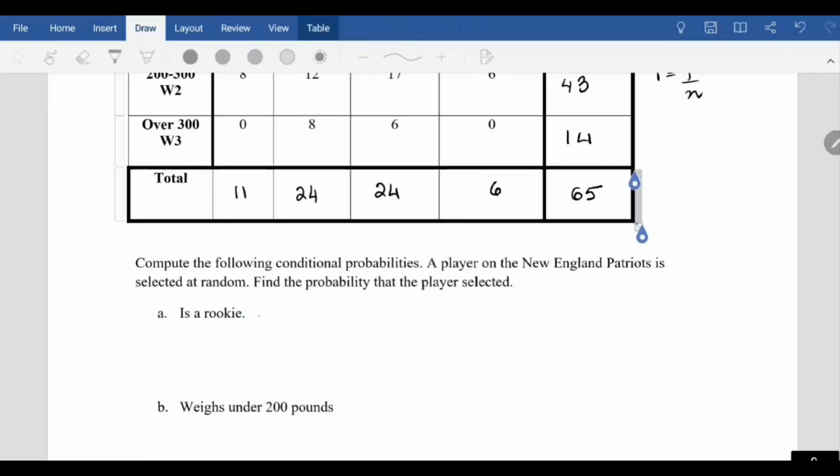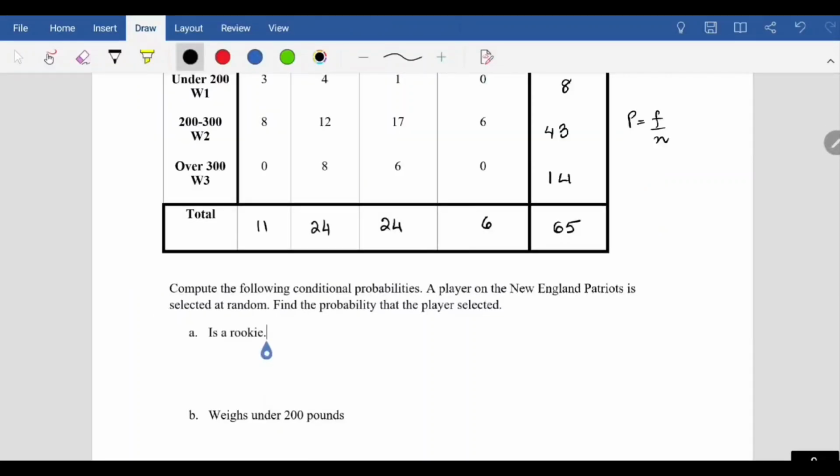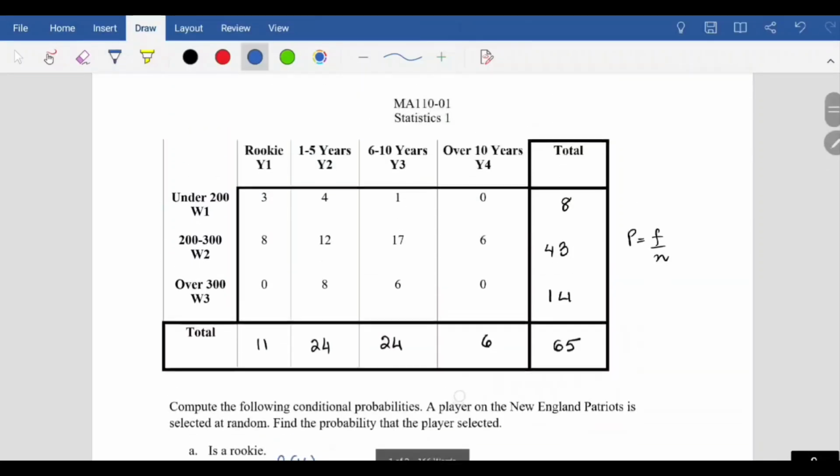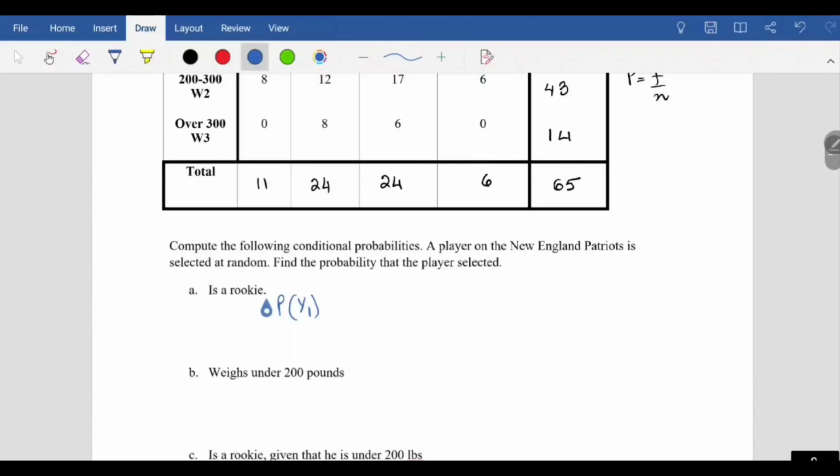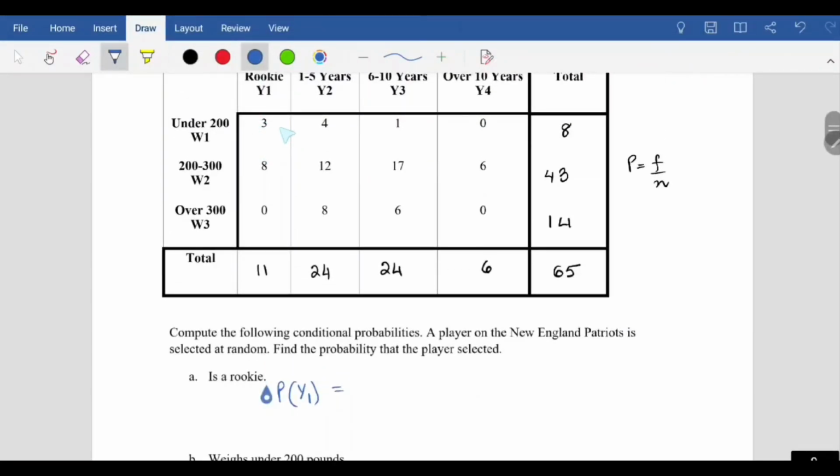So the probability of finding a rookie, that's Y1, I think, all right, that's Y1. So probability of a rookie is, what should we do here? Take the sum total of all the rookies, all right? It doesn't ask for a joint value.